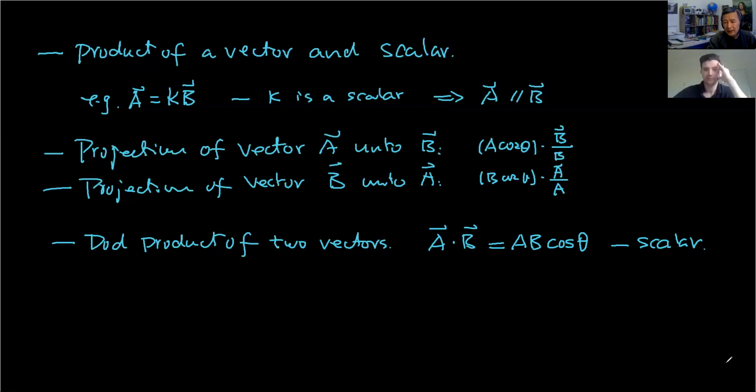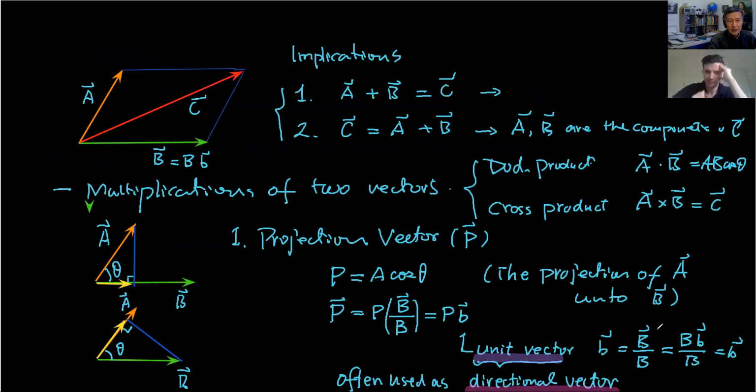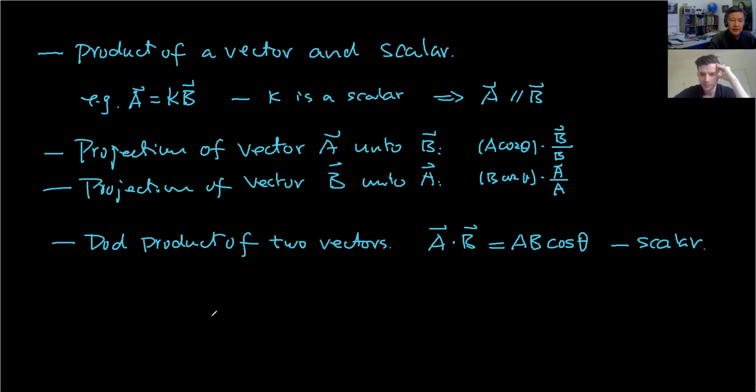But another thing we have to mention is that this is a special case. This is parallel in this case. If we return to this diagram, these are special cases. In general, we can use a parallelogram. So basically, it's A, and I can get the B here, and then the C can be considered as a sum.